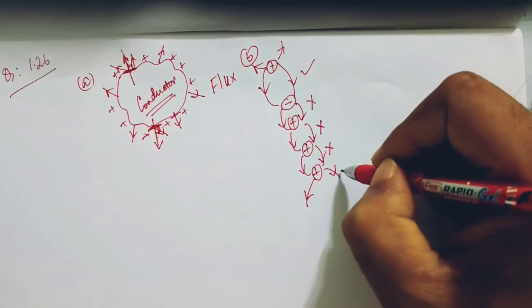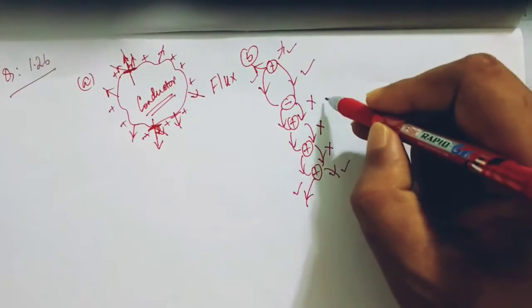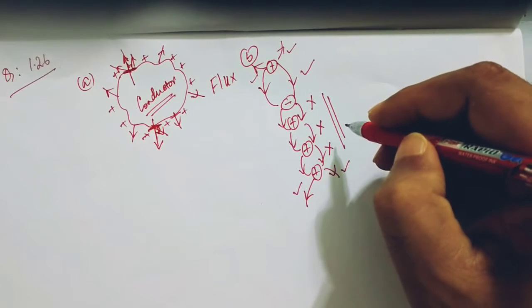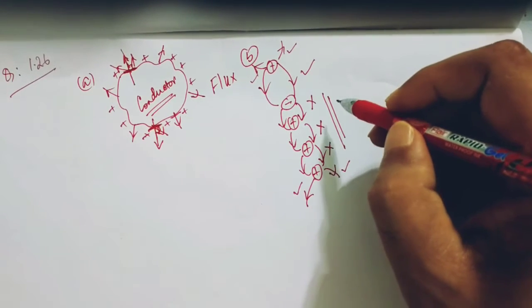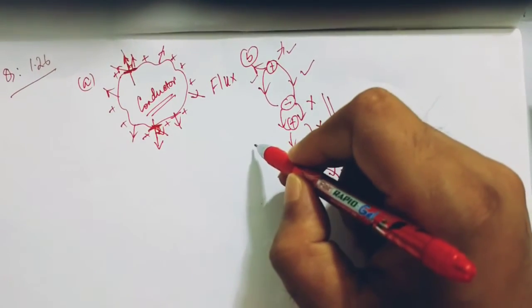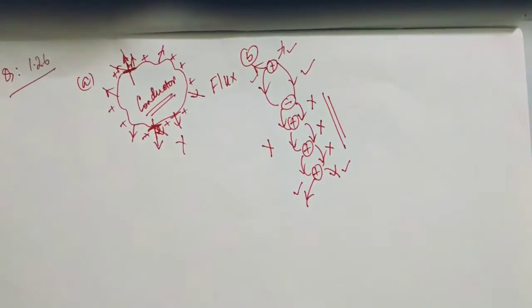Coming out from the positive charge, this is correct, this is correct, this is correct, this is correct, but these three are not correct. So it cannot be the field line. It is not representing actually the electrostatic field line. So this is also not correct.